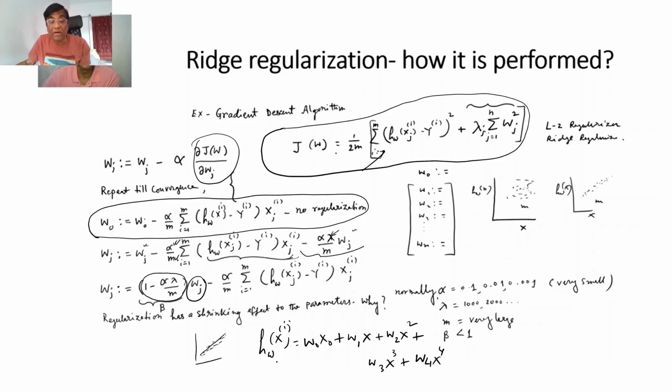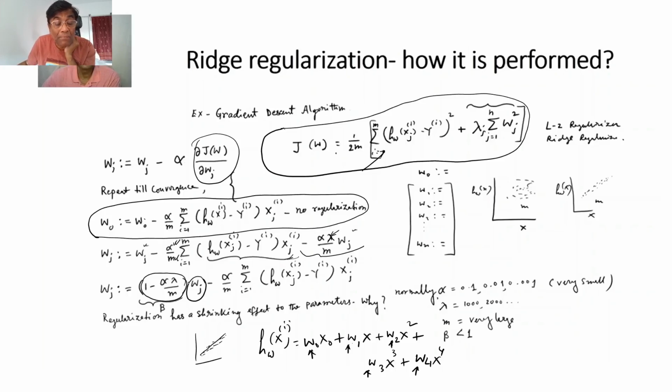Originally, suppose I am running a gradient algorithm on this predictor for determining these parameters. Okay, so how many loops will there be? One, two, three, four, five loops will run, and they will give you five parameters.